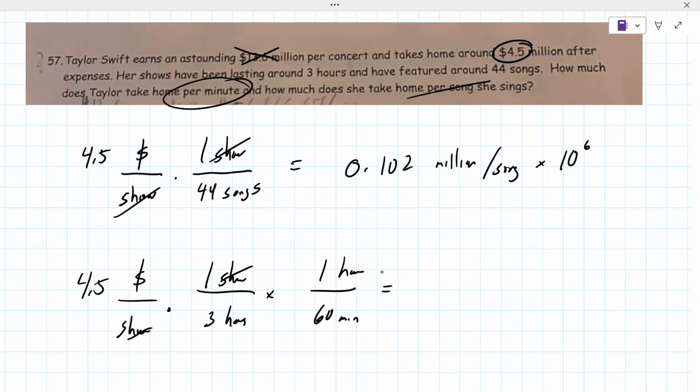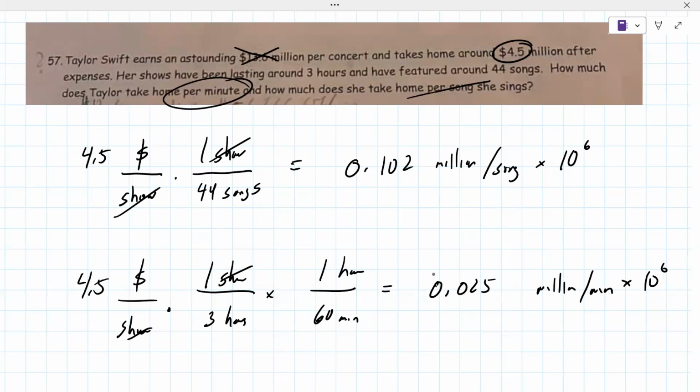So this will also be kind of a decimally number. So this is 0.025 million per minute. So maybe you do want to multiply by 10 to the 6 to get the dollars per minute.